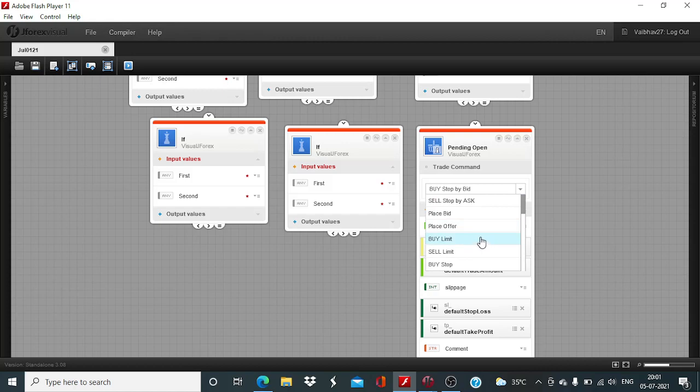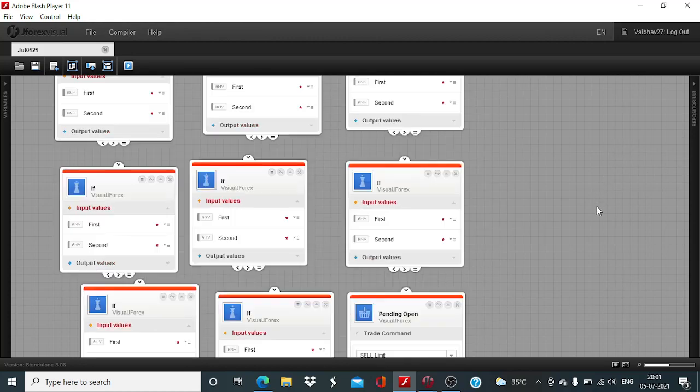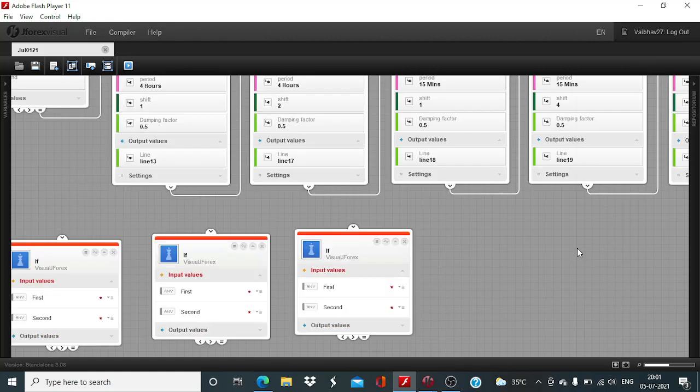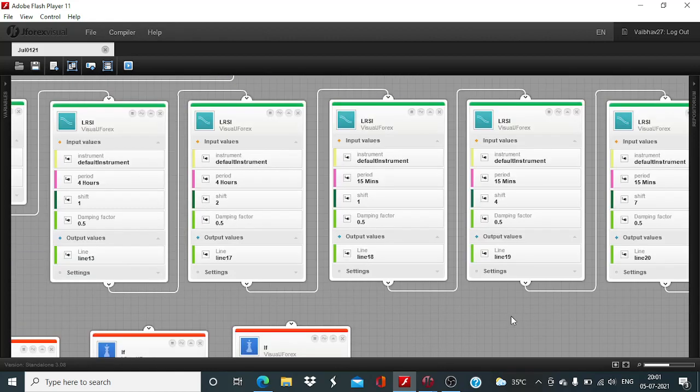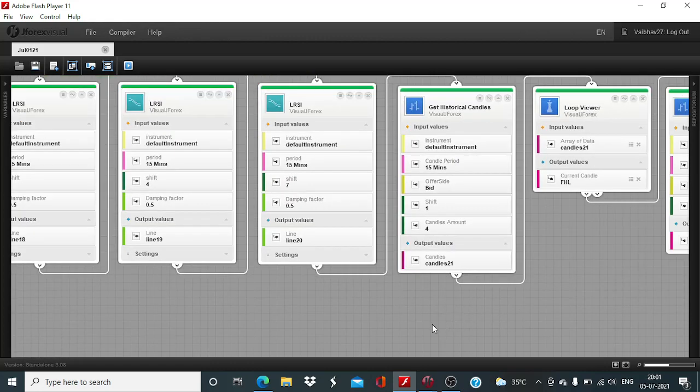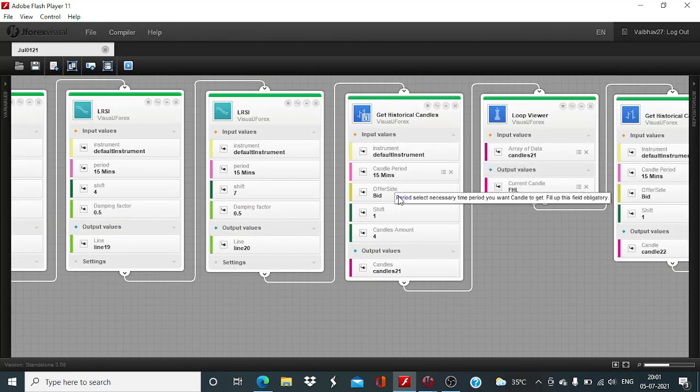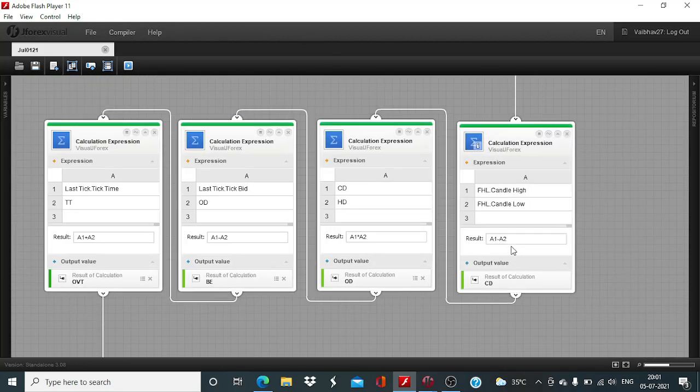We will be placing the order above the current market price by half of the last hour's high and low difference. So we will be looking at the volatility. We will see what the actual difference is for the last 1 hour. For that we are relying on the cluster of 4 candles of 15 minutes each, and we will consider its high and low, for which we have already carried out this calculation, and then it has been multiplied by 0.5.